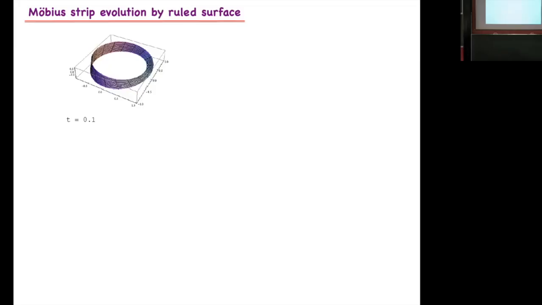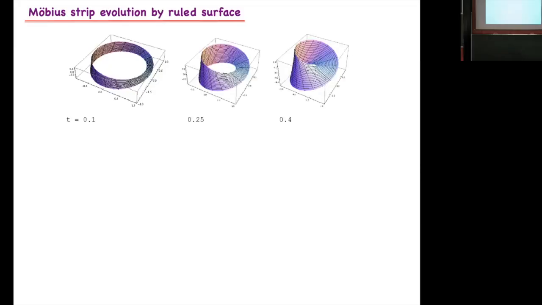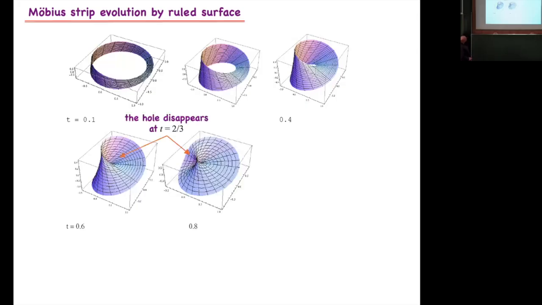Then you have a Möbius strip initially, and then you keep going like this. And then it is a ruled surface, okay? So it's not the actual physical surface because it's a fluid surface. It would adapt, but as much as you can, you go with mathematics. You see, here something happens. The hole disappears.